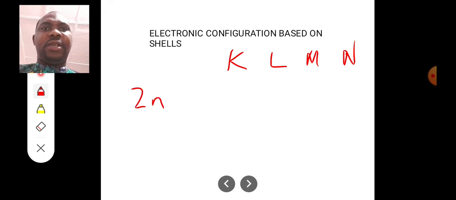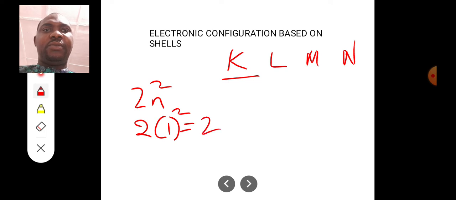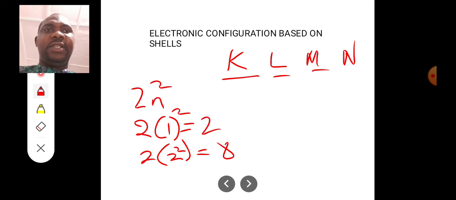The maximum number of electrons that can be in a shell is 2n squared. If it is the K shell, your n is 1, so that's 2 times 1 squared, which is 2. If it is the L shell, your n is 2 because L is the second shell, so that's 2 times 2 squared, which is 8. If it is the M shell, n is 3, so 2 times 3 squared is 18.